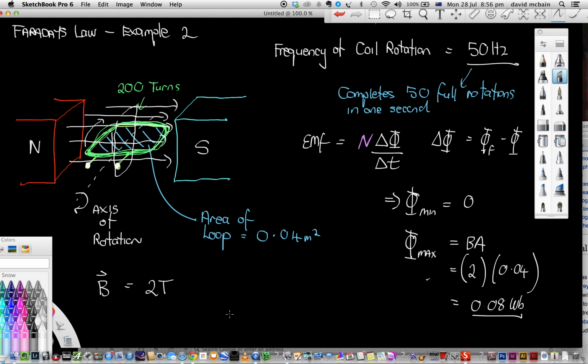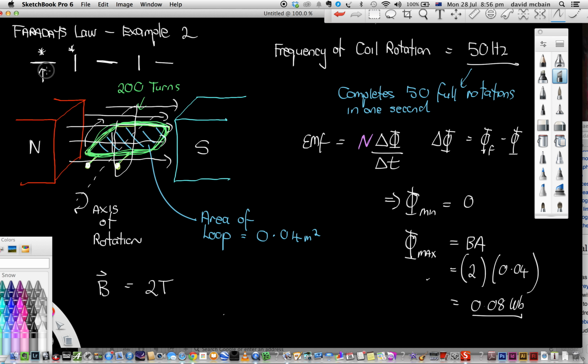So when the coil is horizontal, there'll be zero flux. Then when it's vertical, the flux through the coil will be 0.08. When it's rotated to that position again, it'll be zero again. Then it'll be 0.08 and so on. Okay? So we're looking at these two key instances.